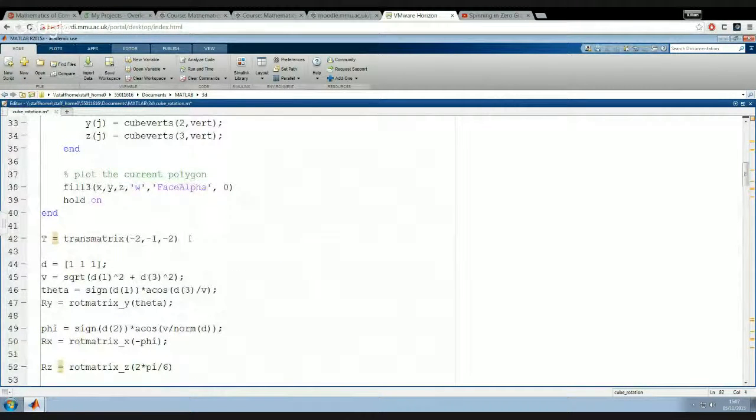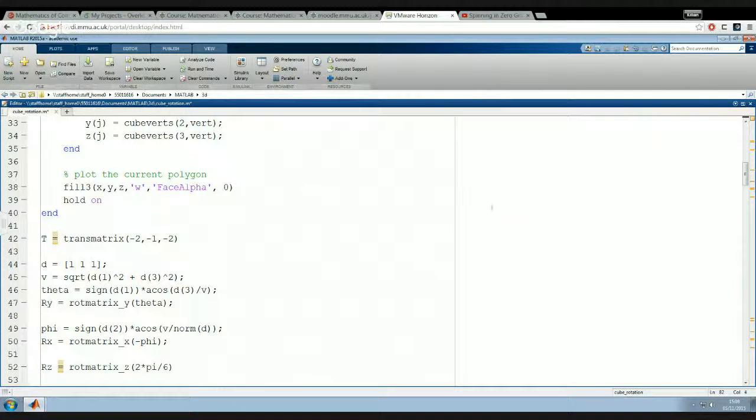The first transformation I grab is transmatrix -2, 1, -2, because the coordinates of this back vertex of the cube, the one closest to the origin, is 2, 1, 2. So I'm going to translate by the negative of that. That's going to take the original cube and bring it back to place it at the origin, so that vertex 1 of the cube is now exactly on the origin.